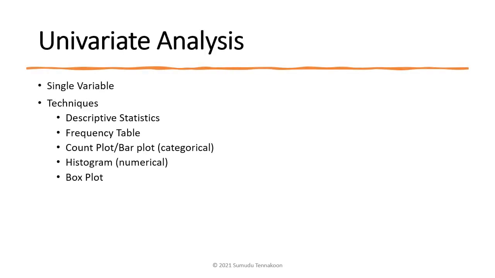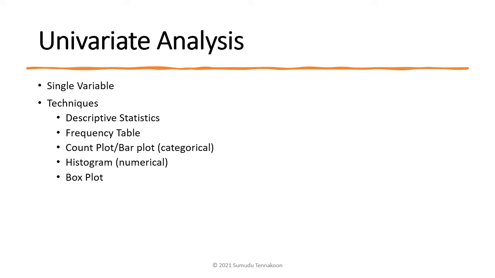Let's get to know about univariate data analysis. As I mentioned earlier, univariate data analysis uses a single variable at a time. The techniques we can use in univariate analysis are descriptive statistics, frequency tables, and a count plot or bar plot for a categorical variable. For a numerical variable, we can use a histogram.